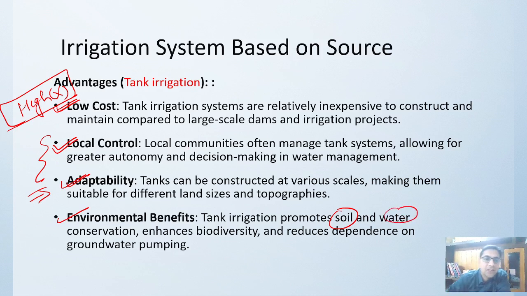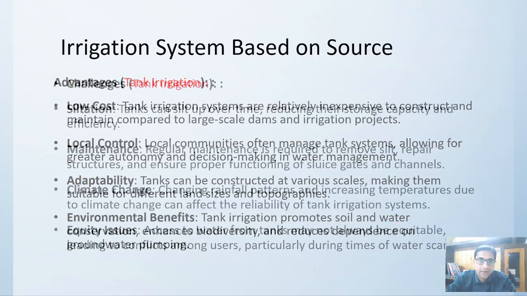Near the tank area, you will have enhanced biodiversity. You can find a lot of biodiversity at those places. And one more thing I wanted to tell is that it reduces the dependency on other types of sources. That means you have your own water. If the water is coming from other sources, that is well and good, but if it is not coming, we also have our own personal tank, right?